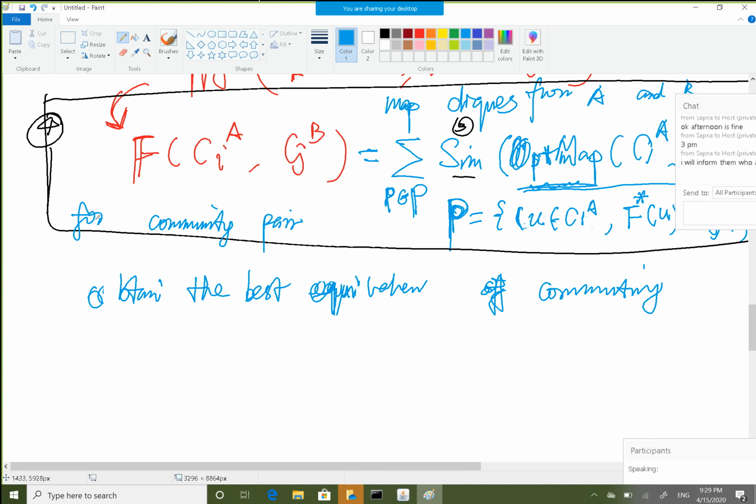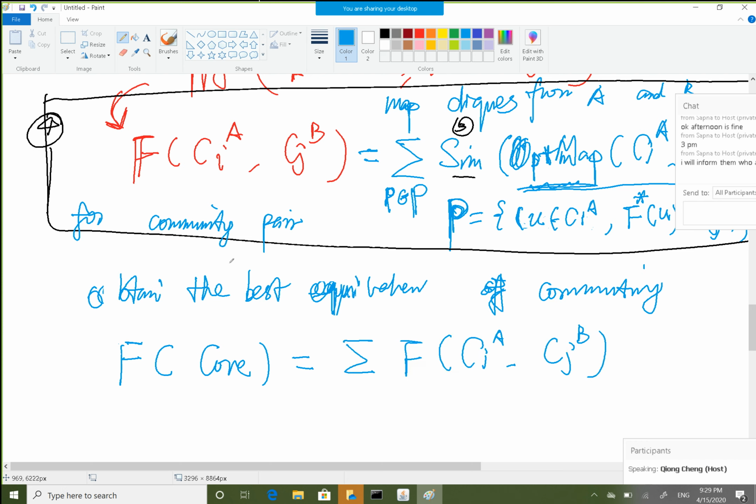And then this is the calculation of the F core. They find the best community similarity map, the best community map for all the communities, and this is equal to the summation of F(CIA, CJB), such that CIA is a subset of V1, corresponding to graph 1, and CJB is a subset of V2.